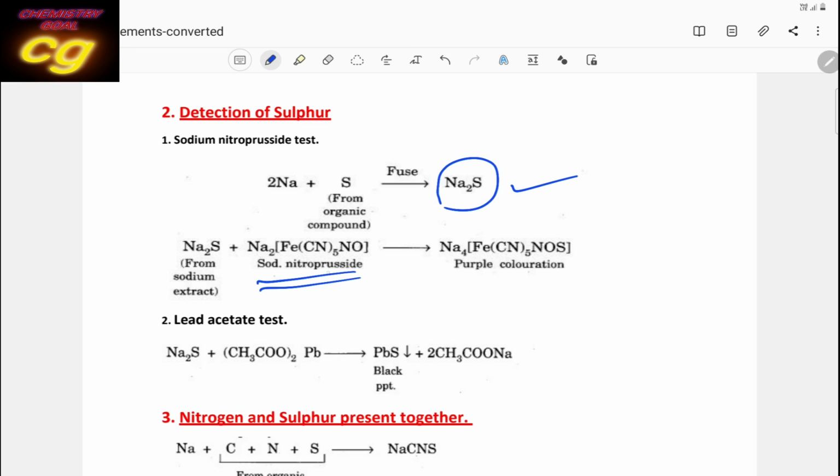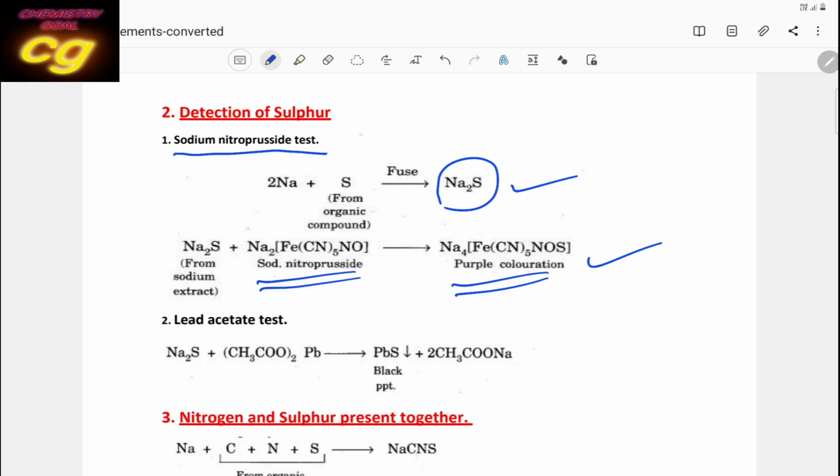When it reacts with sulfide, sulfur is added to the complex forming sodium sulfonitroprusside. This sodium sulfonitroprusside is purple, a reddish purple color, which indicates the presence of sulfur in the organic compound. This test is called the sodium nitroprusside test.